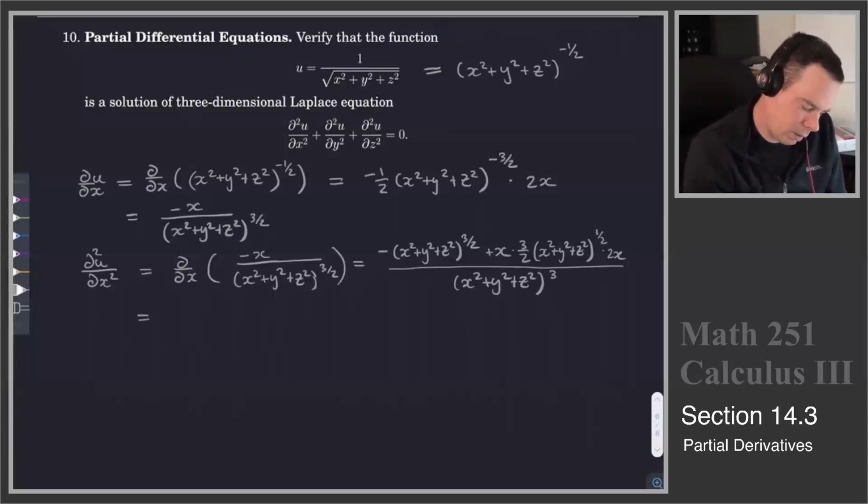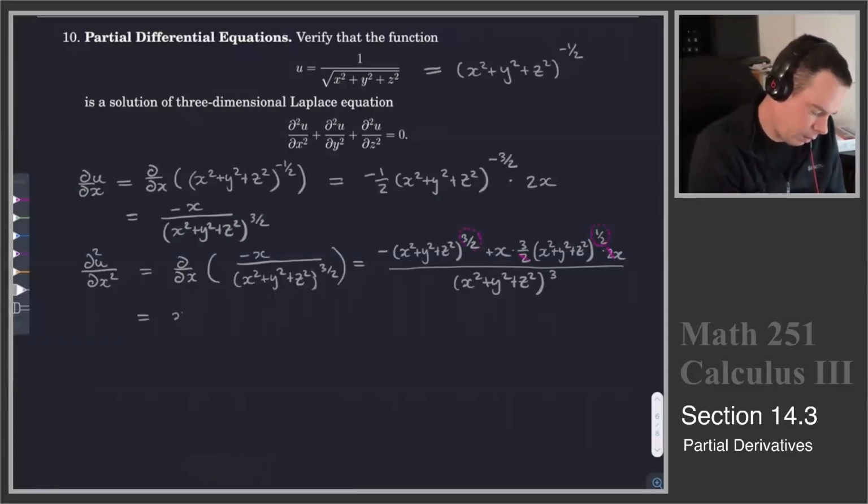So I've got a common factor of a 2, one on the top, one on the bottom, so those cancel out. Notice I've got the expression raised to a half, and then the expression raised to the 3/2. So that 3/2 can be written as 1 plus a half. So in other words, it's the square root of x squared plus y squared plus z squared times itself. So we can factor that out.